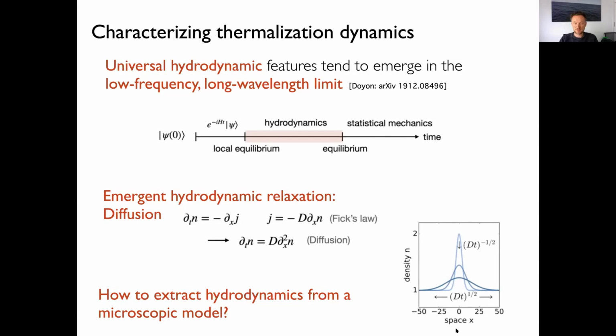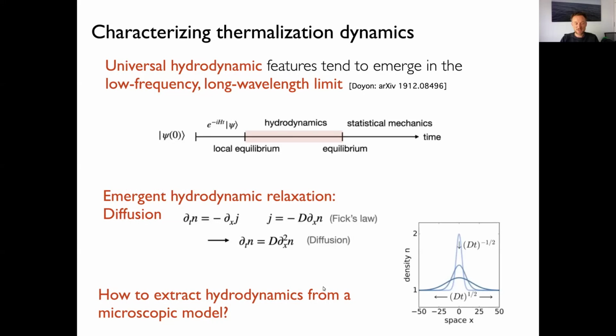So if, as shown here in the lower right, we create a wave packet, a charge inhomogeneity, then we expect that the charge will diffuse to an eventually homogeneous state, with the diffusion constant D. While this kind of generic behavior is expected to be universal, so we would find that it decays as the square root of t, the diffusion constant D will depend on microscopic parameters in the Hamiltonian.